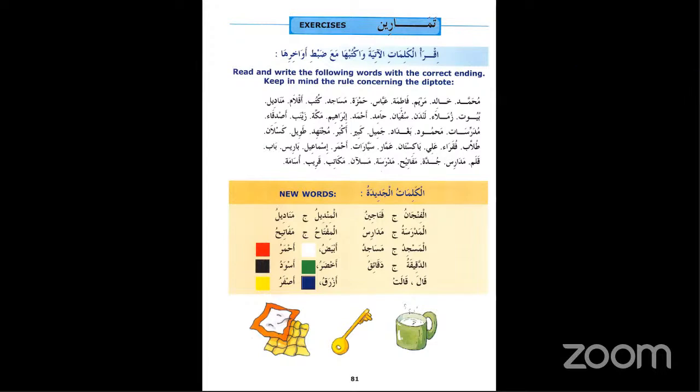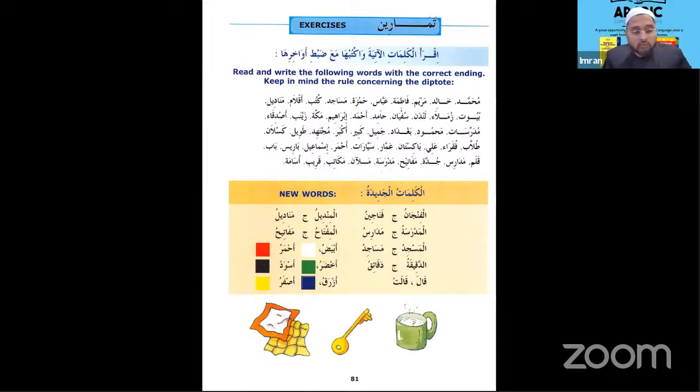Okay. What is genitive case? Genitive case is when a noun gets a kasra or a kasra tanween. Majroor. Okay.